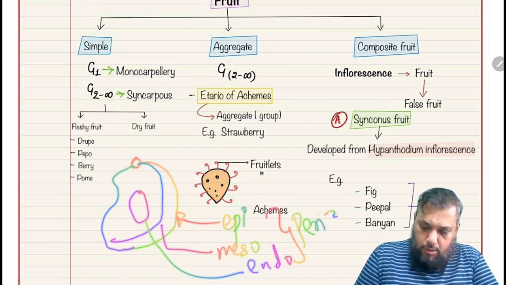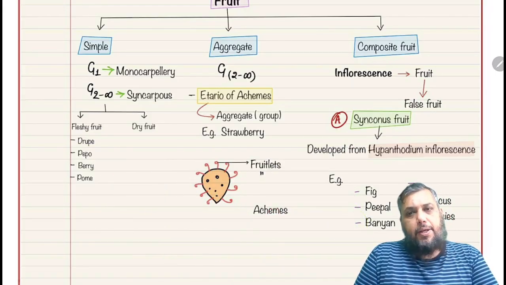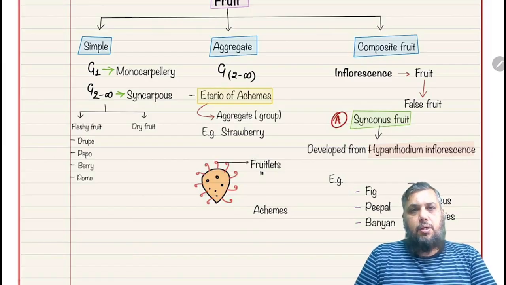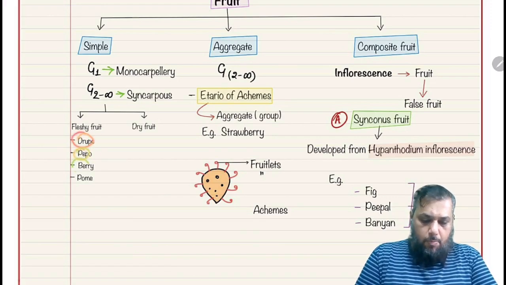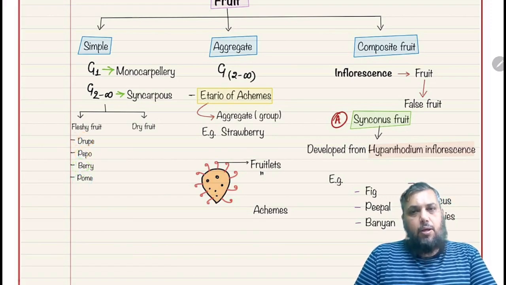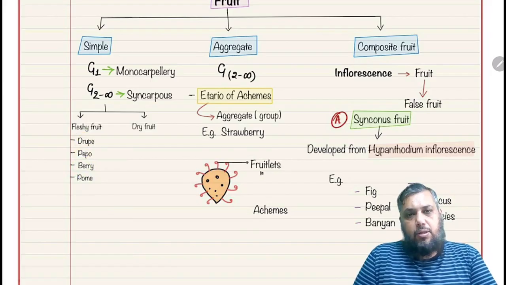Together it is called as the pericarp. So if the pericarp is fleshy, then the fruit is called as a fleshy fruit, which can be classified as a drupe or a pepo, berry, and a pome. And there is no need for us to go into the details of these fruits.